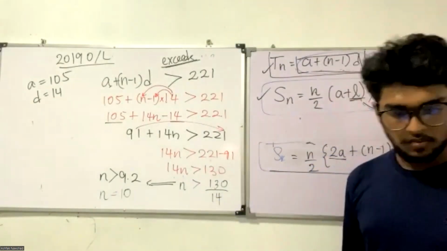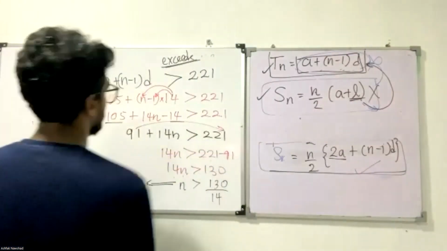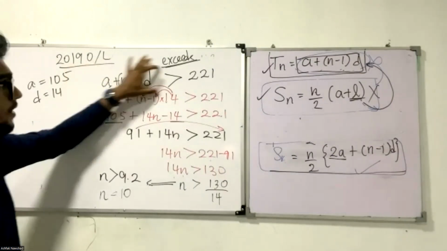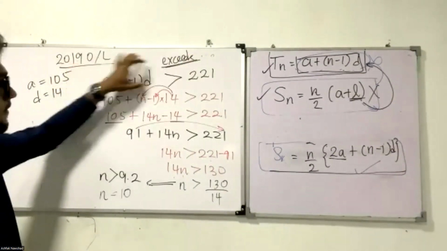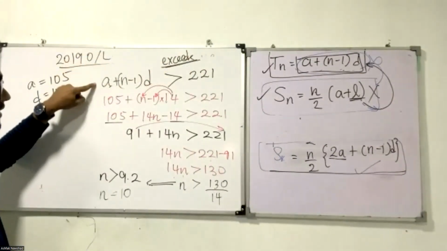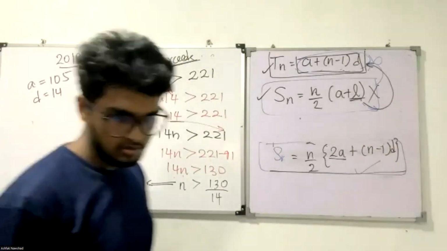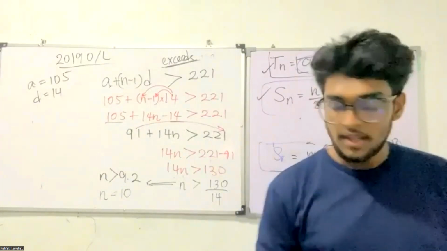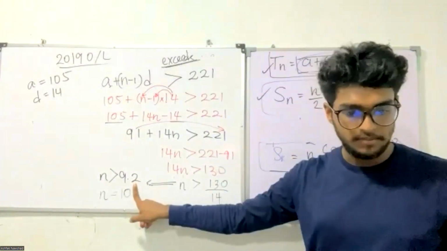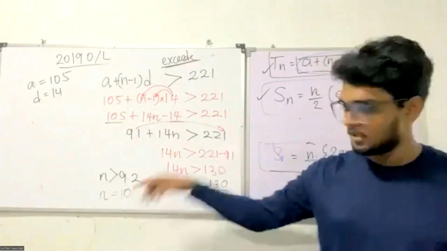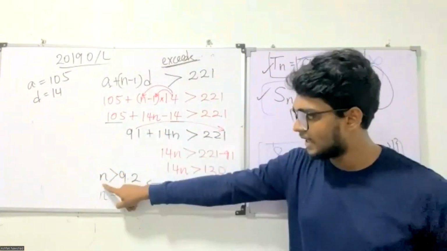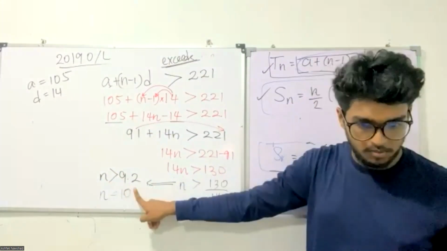For that person, I'll explain again. Let me know if you're okay with this inequality. Yes, it's like rounding off, but we cannot keep 9 here. n cannot be 9 because the inequality sign is n is greater than 9.2.